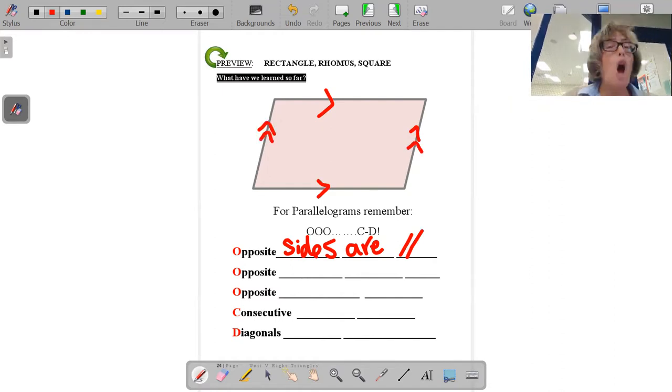So the first one is opposite sides are parallel, because that's the definition of a parallelogram. Then opposite sides are also congruent in length.